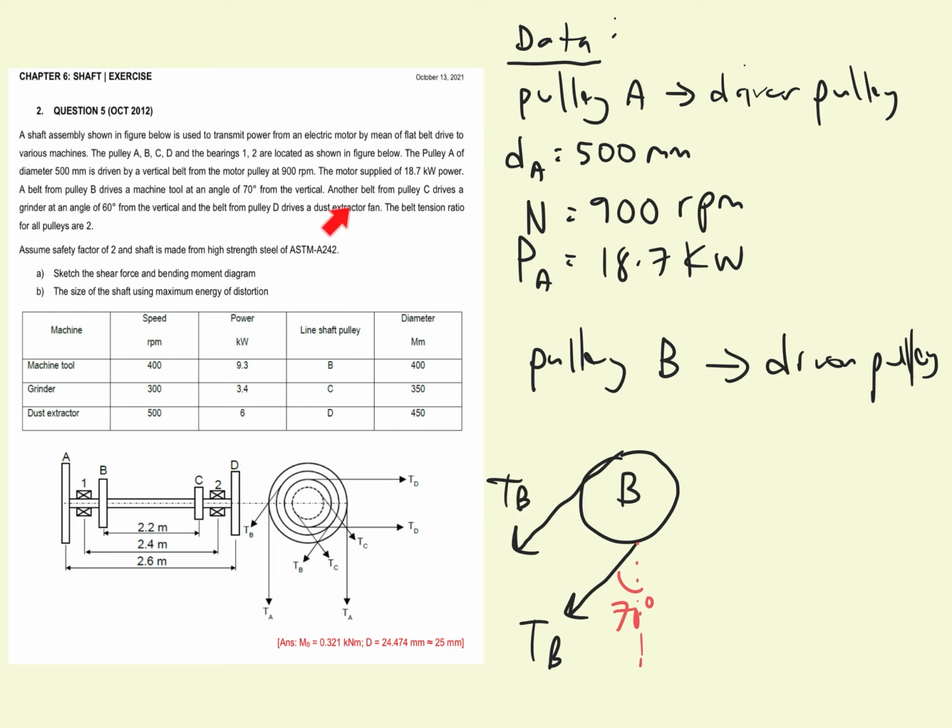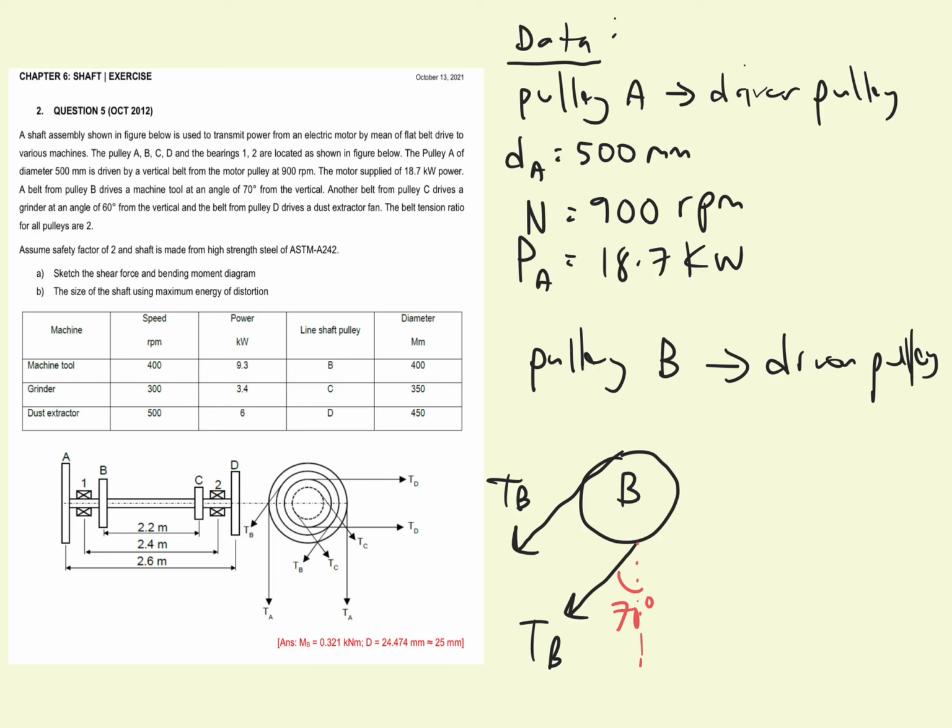Okay, and then another belt from pulley C. So this is the pulley C, and then we can see that the direction of belt for pulley C, this one, acting on the right downward here, as you can see here. So another belt from pulley C, so this is the pulley C here, drives a grinder of 60 degree from vertical.